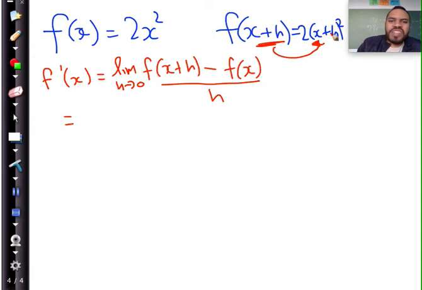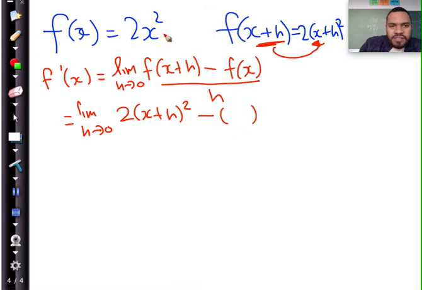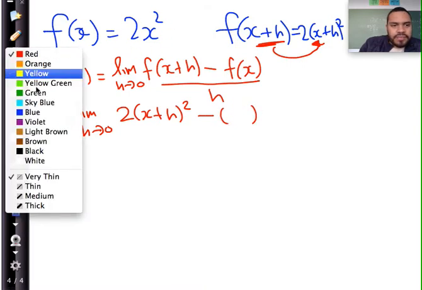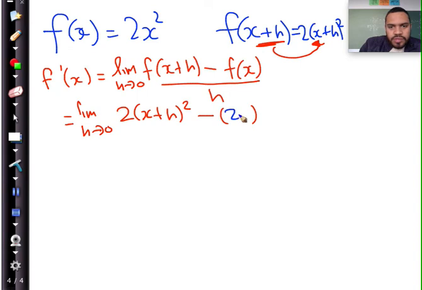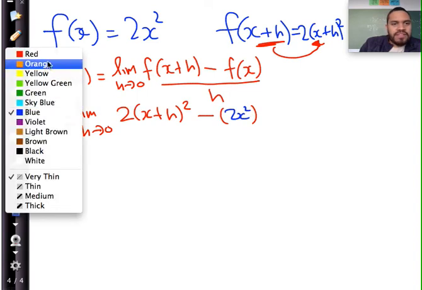So I'm just going to put that thing in this thing's place. Great. And then I'm going to take this thing and put it in place of that. The minus here is part of the formula altogether, right? So now I've got the limit as h tends to 0. And f of x plus h is this thing over here, 2 multiplied by x plus h all squared, minus, and f of x is this thing over here, which I'm going to put in blue, 2x squared. Okay? Divided by h.